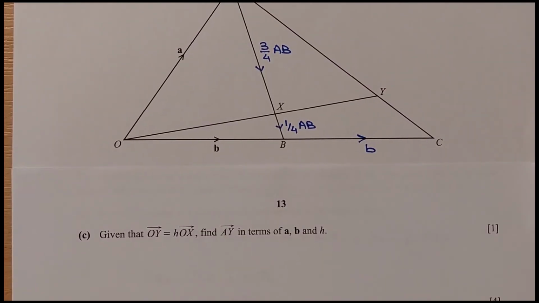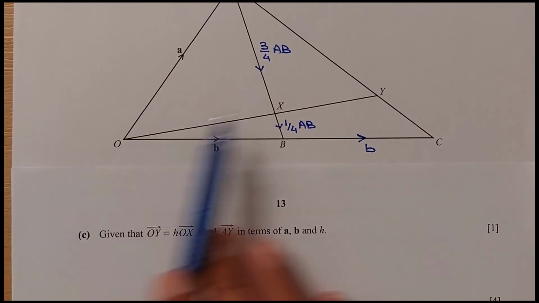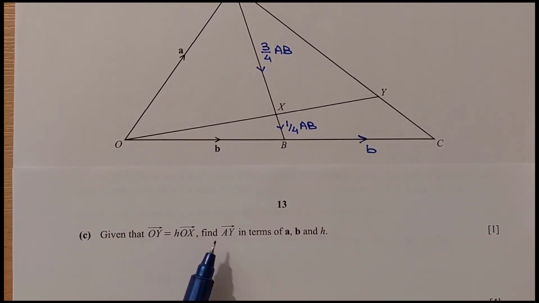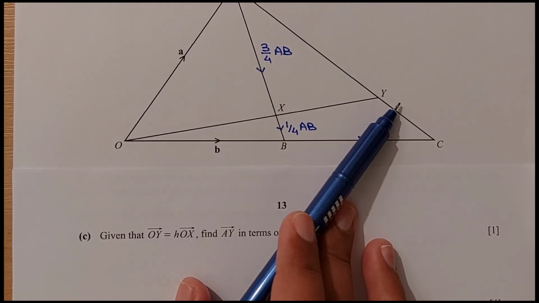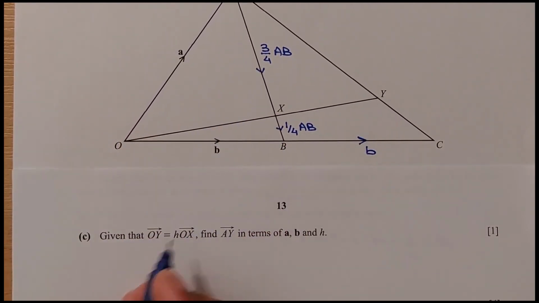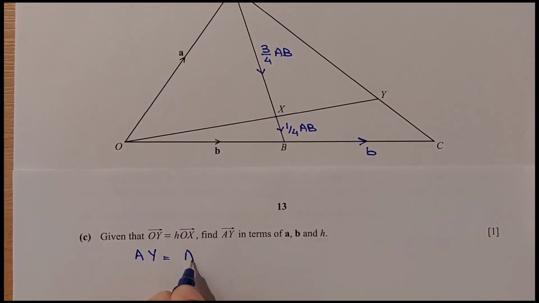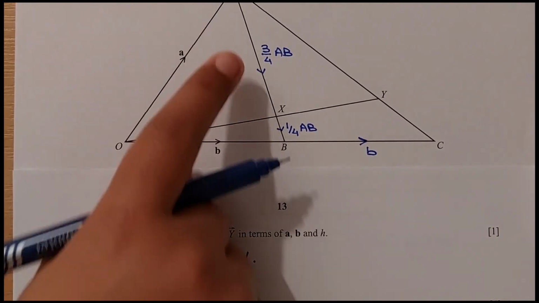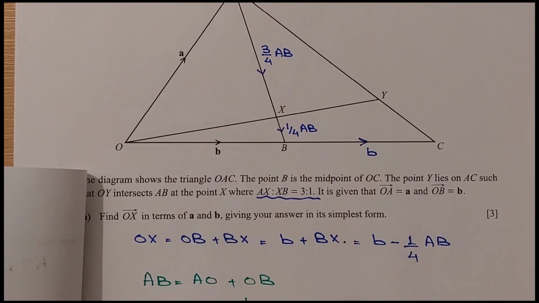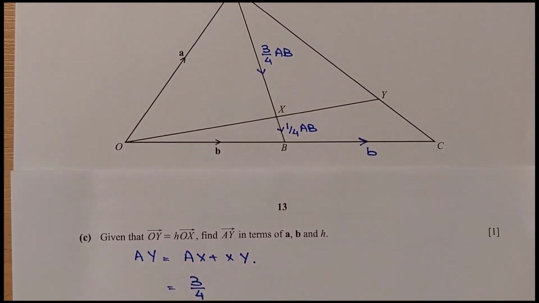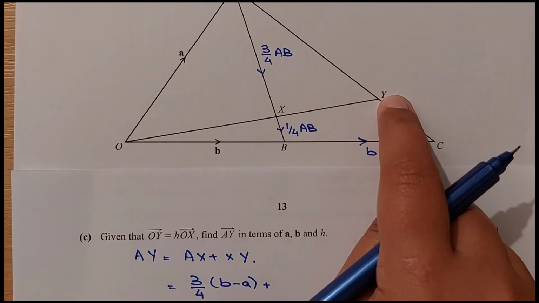Now for part C, given that OY, O to Y, is H times OX, find AY in terms of A, B, H. Okay, AY follows the path of AX and XY. AY equals AX plus XY. So what is AX? AX is 3/4 of AB, and we got AB, that is B minus A, plus XY.